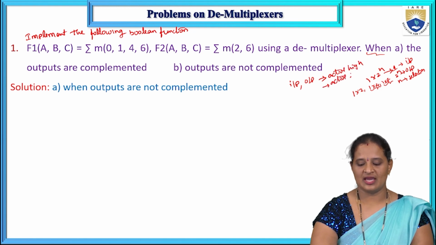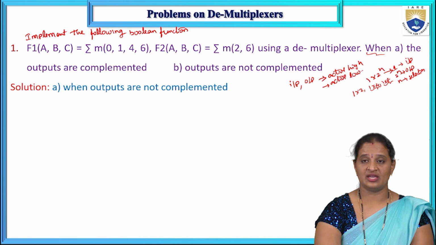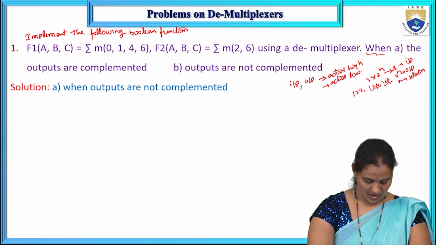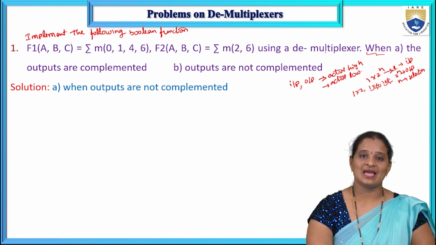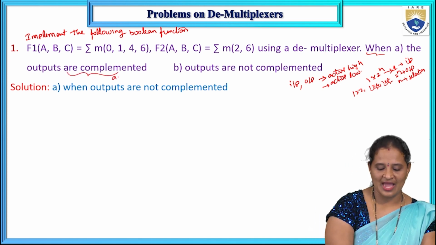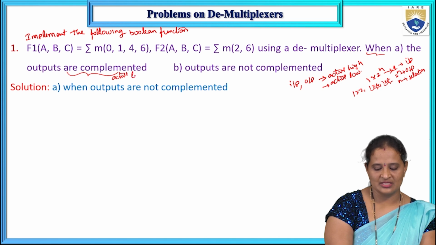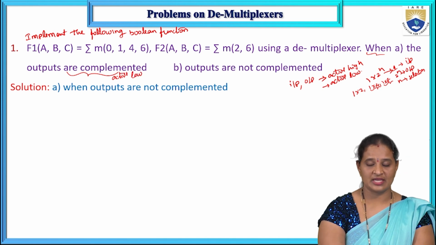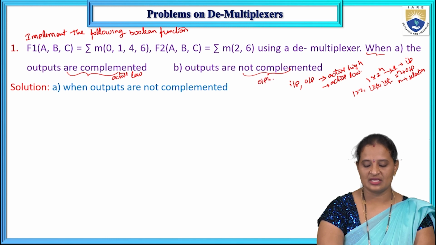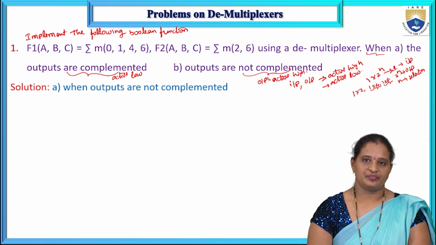So we have to implement the above Boolean functions using a demultiplexer, considering the outputs as active low, which means complemented, and also as active high. For both cases we have to implement the Boolean functions.